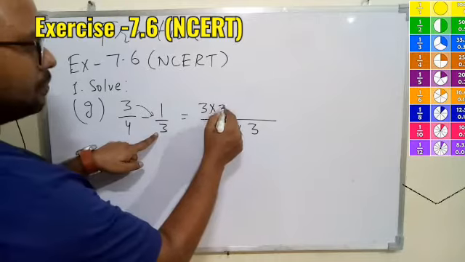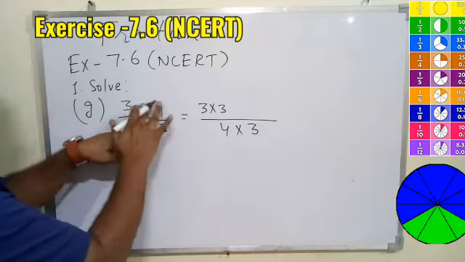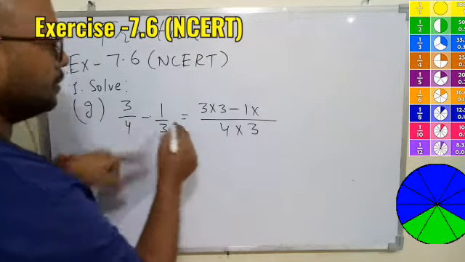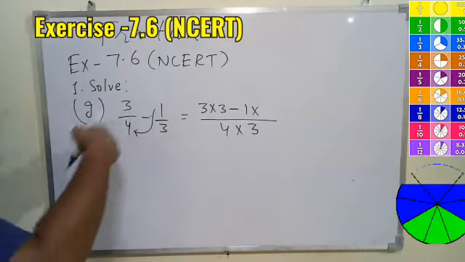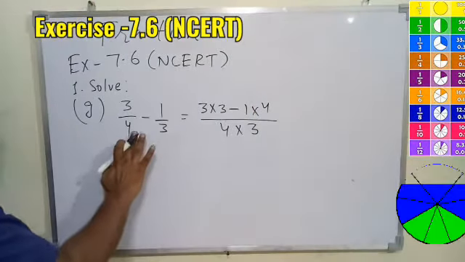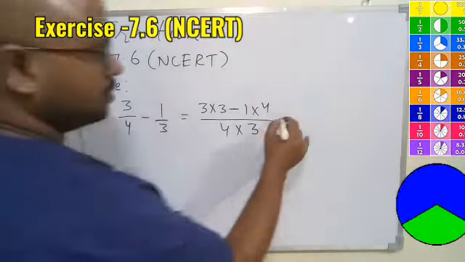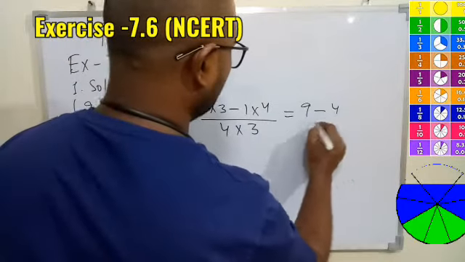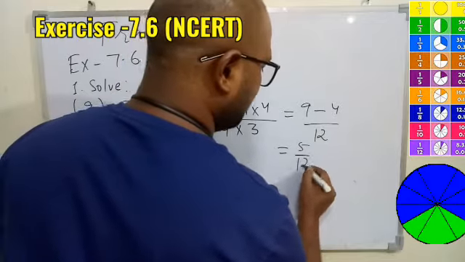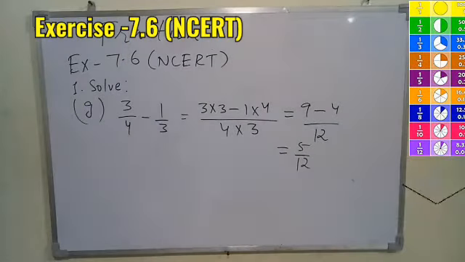So this denominator will be multiplied. In between what we have? Minus. Write down minus. Then write down 1. This will multiply with what? The denominator of the other fraction, that is 4. So you can do this way also. So this is 3 3s are 9 minus 4 upon 12. 5 upon 12. And this is the reduced form.